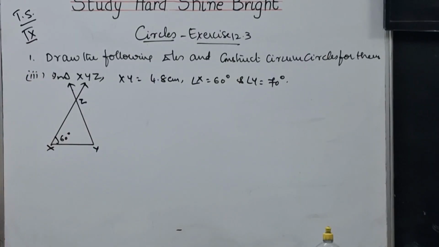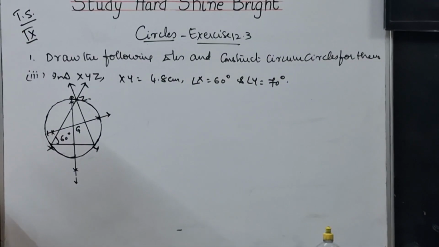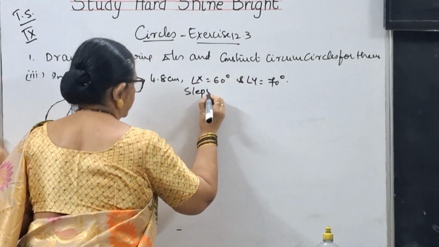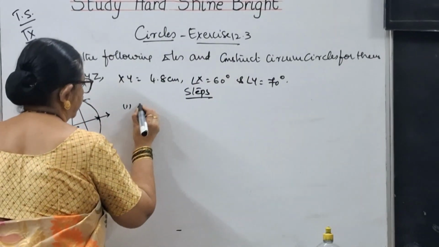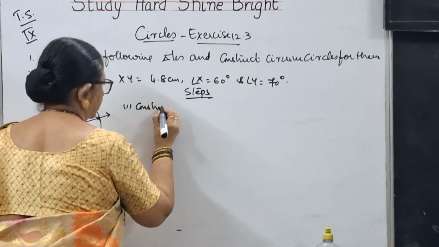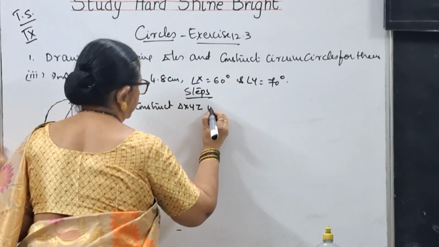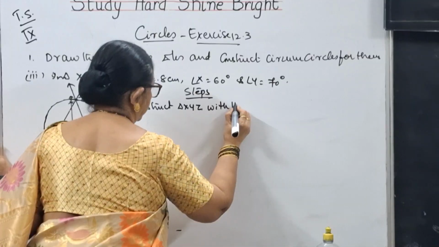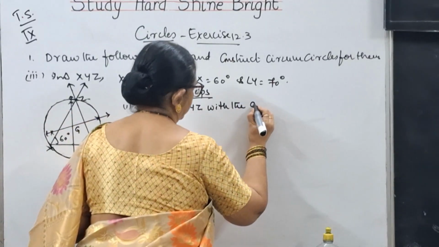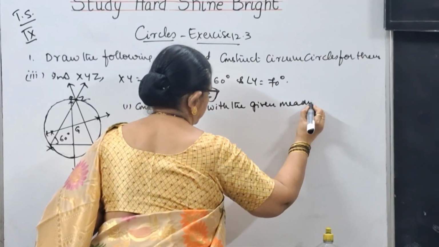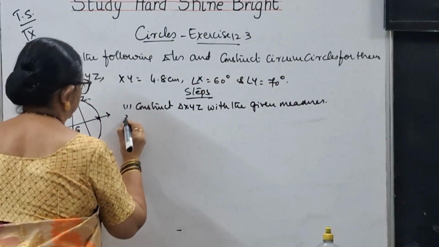Now we need to draw the circumcircle for it. Now let us see the construction of it, children. Steps. First point, construct triangle XYZ with the given measures.